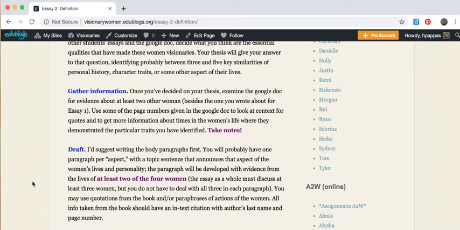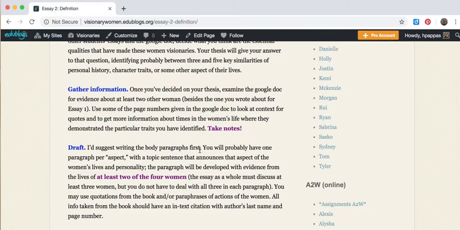This is going to be a fully developed essay, so you'll need an introduction, body paragraphs, and a conclusion. I suggest writing the body paragraphs first. Introductions and conclusions are tricky, so why start with something hard? Start with something easy. Probably you'll have one paragraph per aspect.